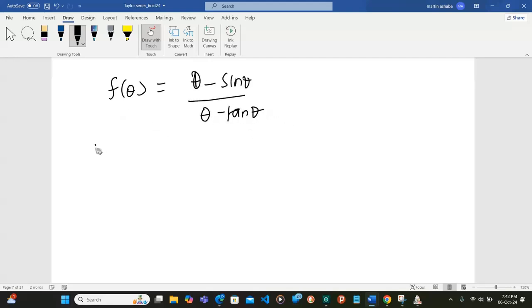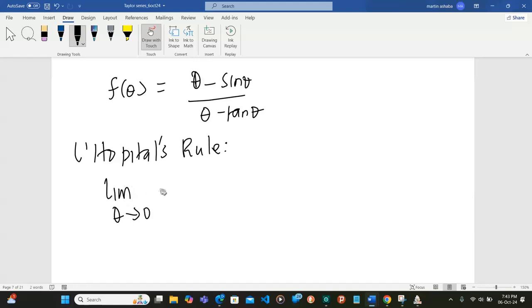So what we do, we want to apply L'Hospital's rule, which is applied when we find the limit of the function as theta tends to 0 of theta minus sine theta divided by theta minus tan theta.